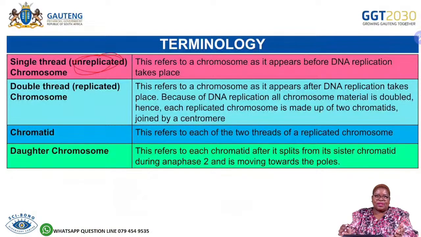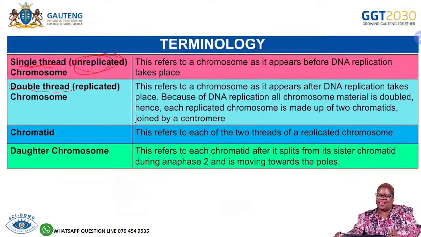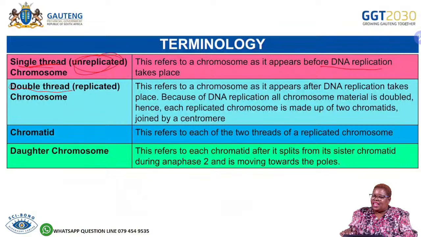If the examiner asks you about the differences between replicated and unreplicated chromosomes, take it back to the explanation that we did in our previous slide, that a single thread happens before replication takes place. Double thread is a replicated chromosome, that you can talk about after replication has taken place. So single thread refers to chromosomes as they appear before DNA replication.